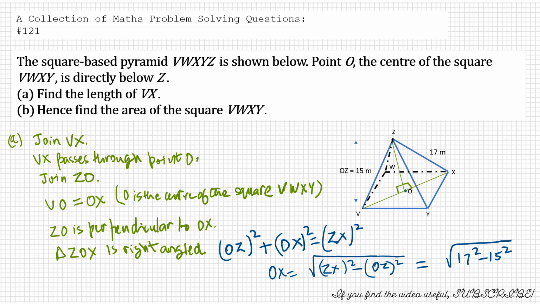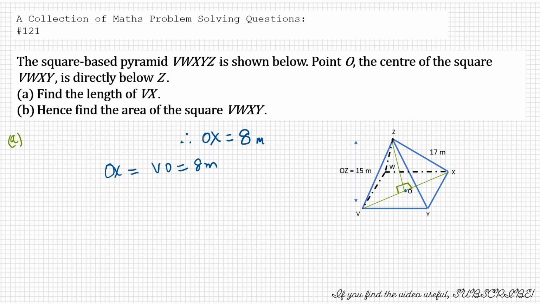And so the next thing we can see is OX would be the square root of ZX square, which is the hypotenuse, minus OZ square, and that gives us 17 square minus 15 square, and that would give you 8.